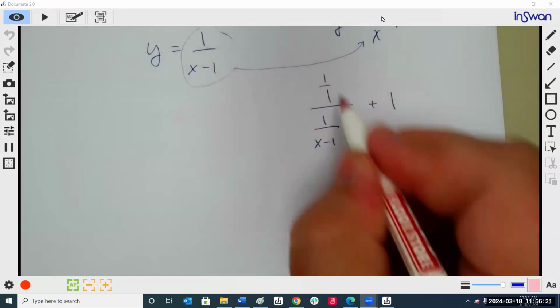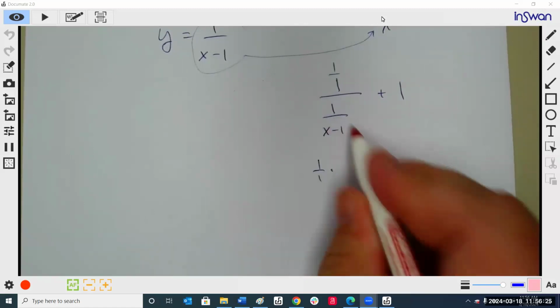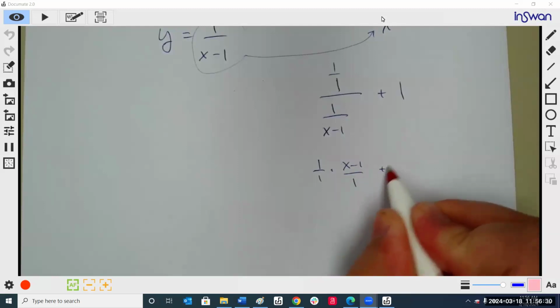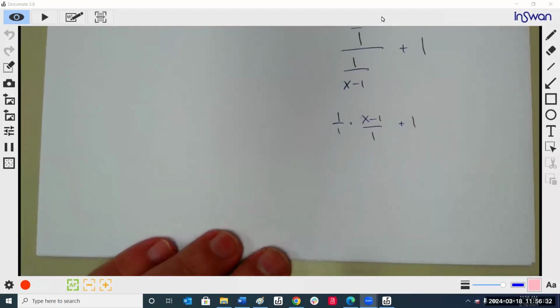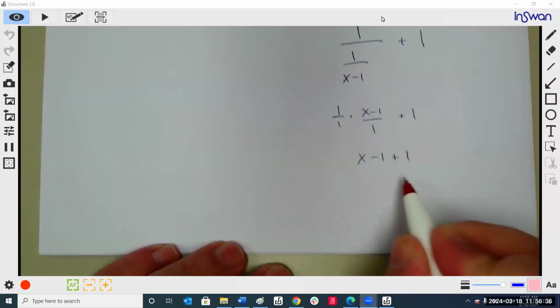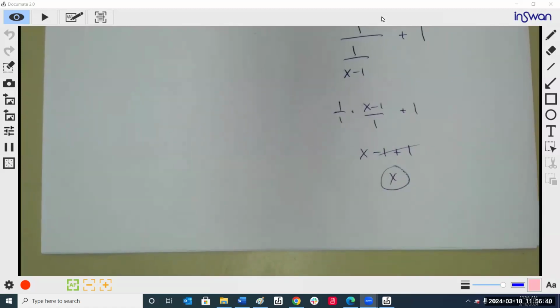So this is a fraction over a fraction, times the flip of the bottom. So it's x minus 1 plus 1. That one works.